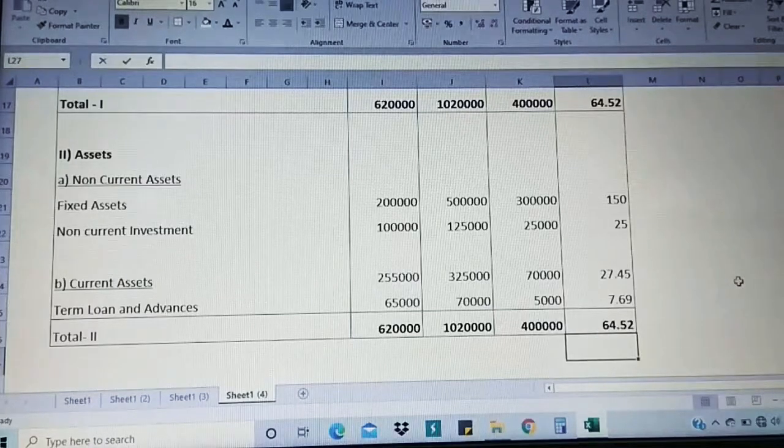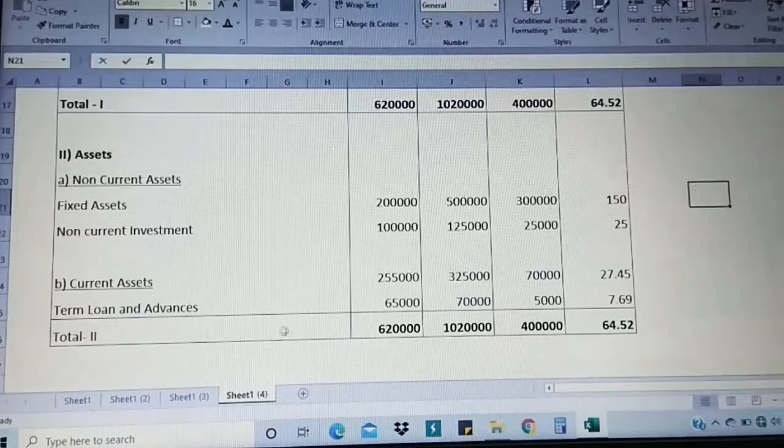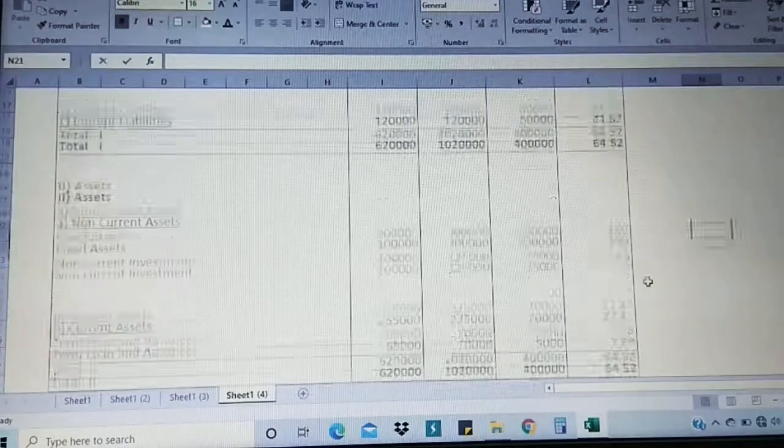Just observe always, in the case of the balance sheet, the total of liabilities should always be equal to the total of assets. No changes. By mistake, also don't write different values for total 1 and total 2 here. No difference. It should always match. Clear, students?